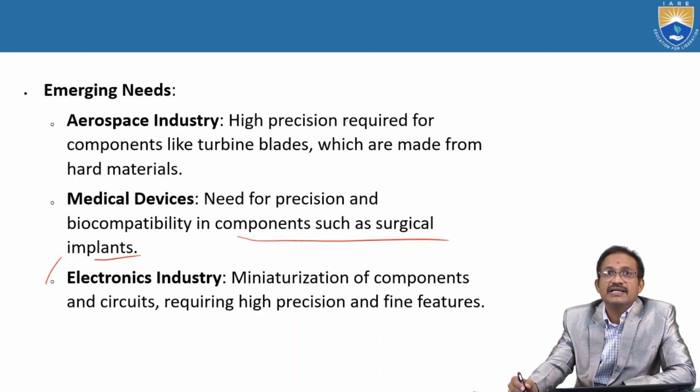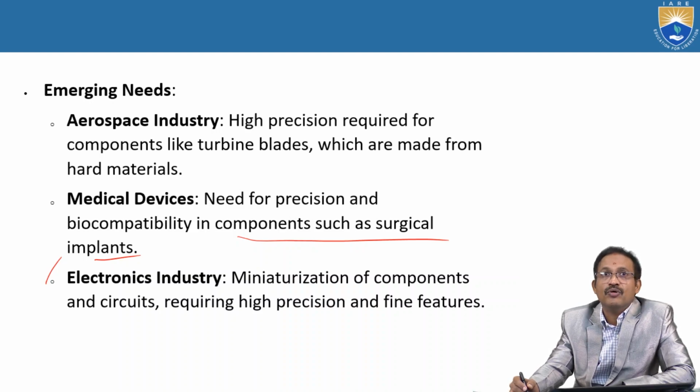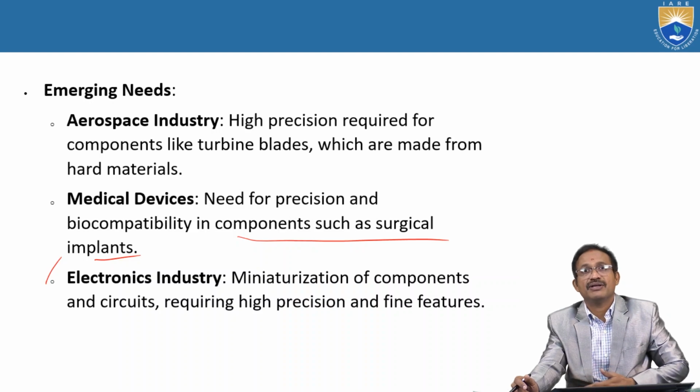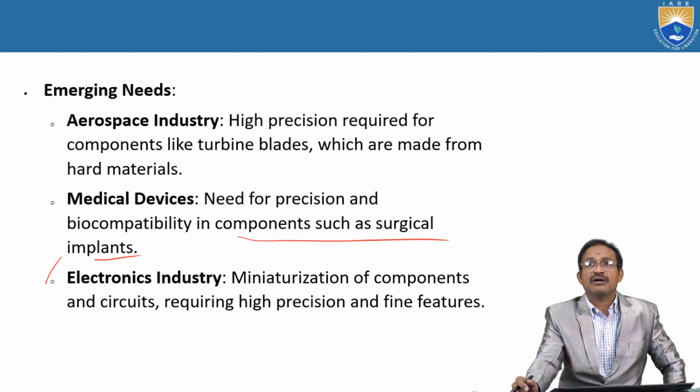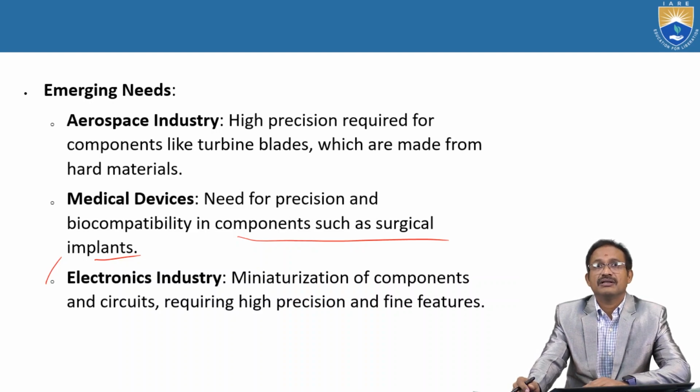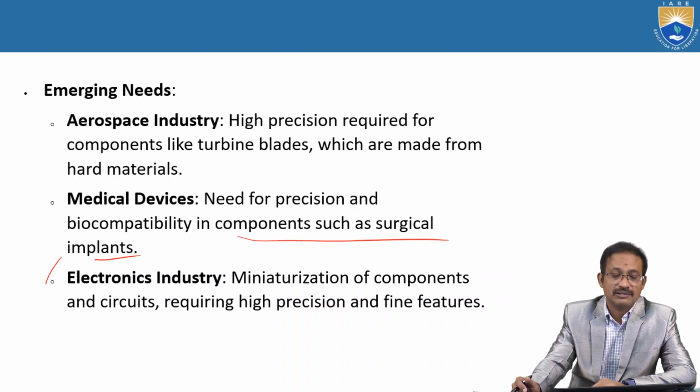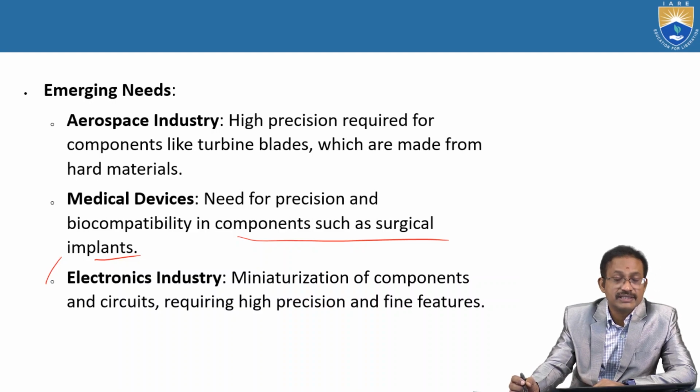Usually in dental and bone total joint replacements, we have to use high strength to low weight ratio materials like titanium. These materials cannot be cut very easily by traditional processes, so we have to go with non-conventional or unconventional machining processes. Electronics industry next.